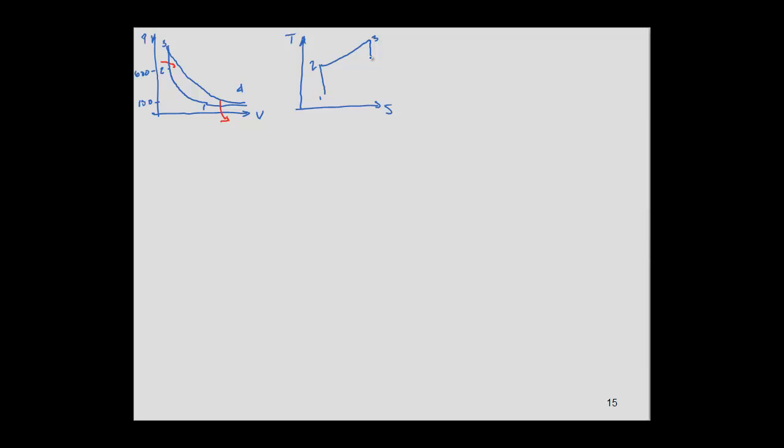Then we have a second vertical line, which is our isentropic expansion. Then we have a constant pressure line. Just change this a little bit to show that they don't have the same slope. For this diagram, we know that T1 is 295 and T3 is 1500.